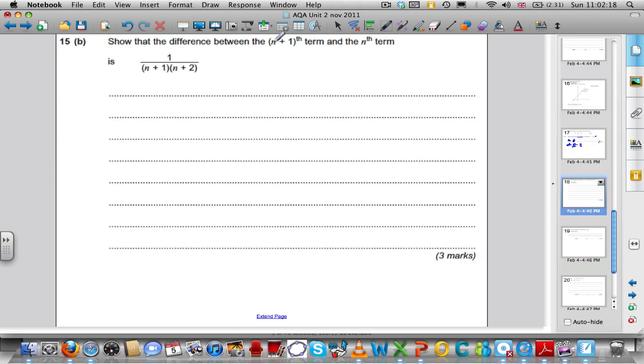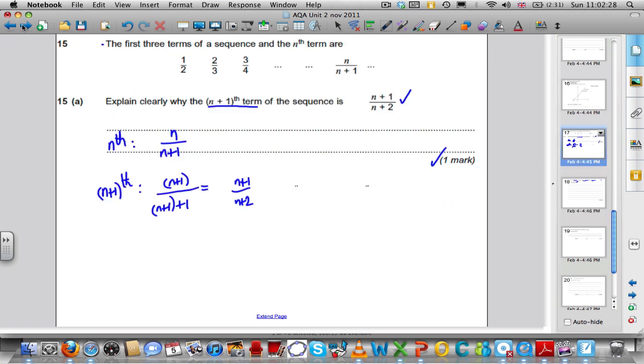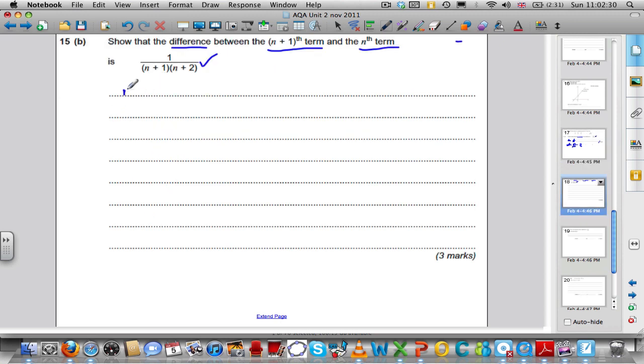Okay, show that the difference between the n plus 1th term and the nth term is that. Now difference means takeaway. What is the n plus 1th term again? Well, let's look back. It's n plus 1 over n plus 2, and the nth term we're subtracting, we're doing the difference, n over n plus 1.